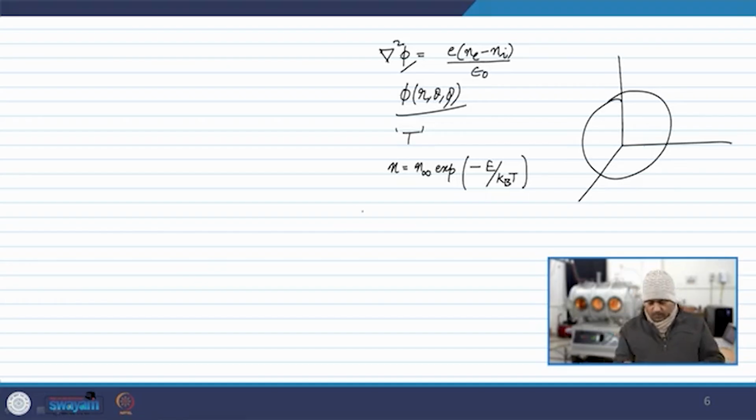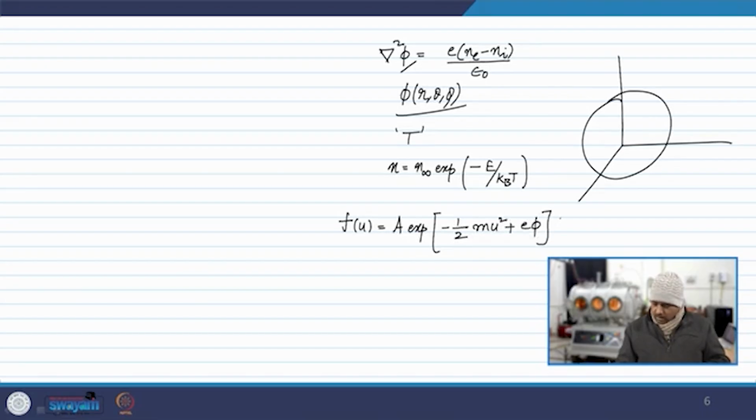So, you can use it to write the function f(u), which is proportional to exponential of minus (half m u square plus e phi) divided by kBT.